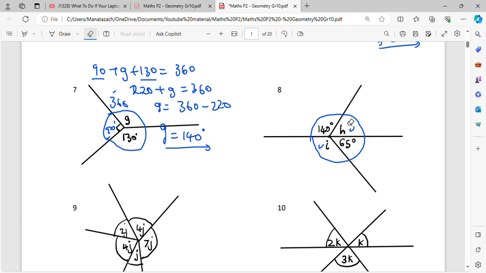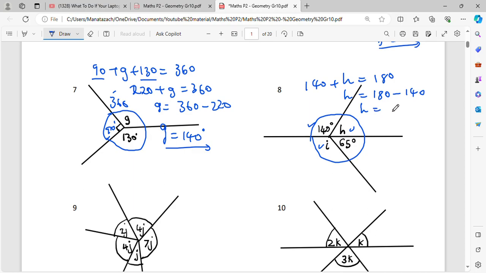So let's not fall for the full revolution thinking. You have to realize that H and this angle are in a straight line, so you'll say 140 plus H is 180, right? So you can just solve for H, no problem.